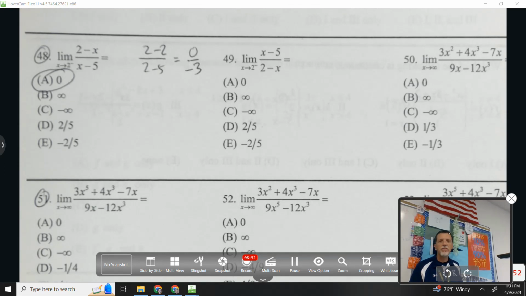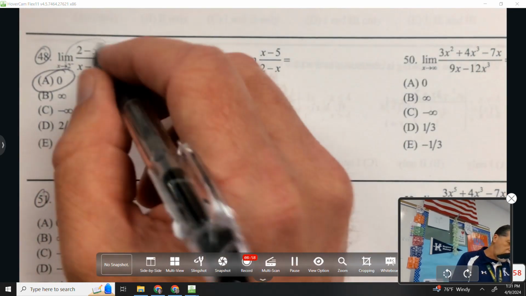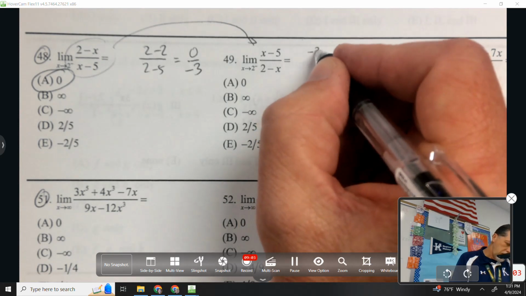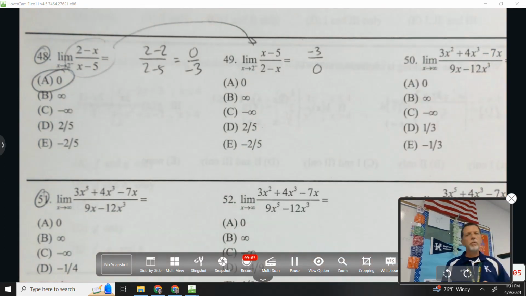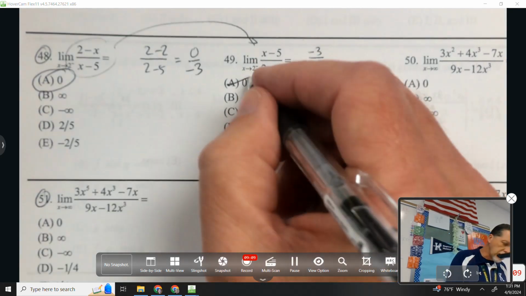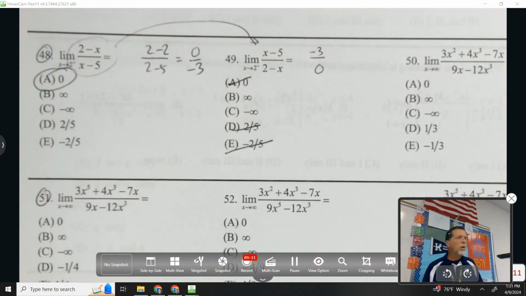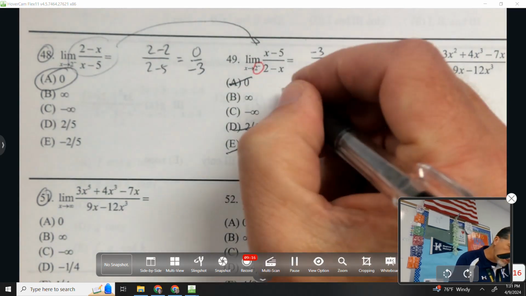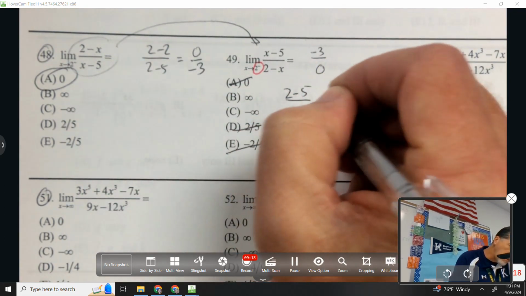As a comparison, we're not really going to officially do, well, we'll do 49, but look at what happens if you switch the numerator and denominator. Now we get negative 3 over 0, which is one of the infinities, but I got to figure out which one by being a little more careful about what I plug in. So 2 minus 5 I'm not worried about.